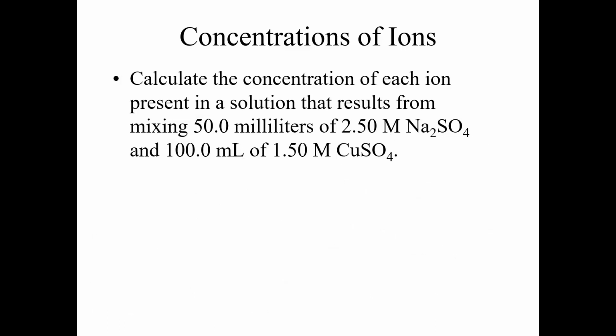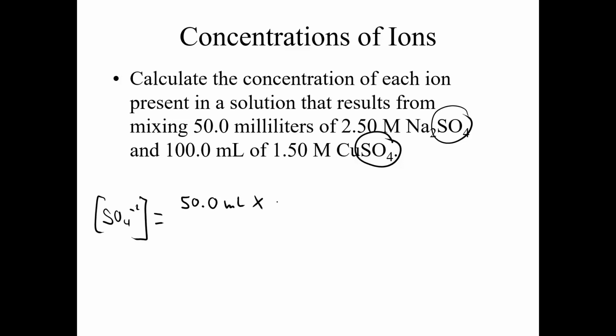Now we are going to calculate the concentration of sulfate. And so we have sulfate as a source in both solutions. So we have to simply add up the number of millimoles of that, right? So we have [SO4 2-], put brackets around it, is going to be equal to 50.0 milliliters times 2.50 M, right? And there's only one sulfate there, so that gives me the number of millimoles from source 1.